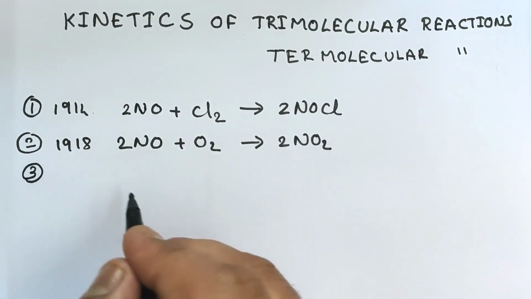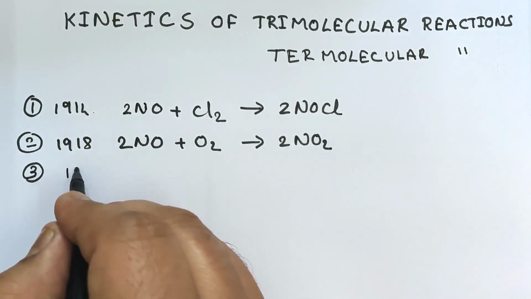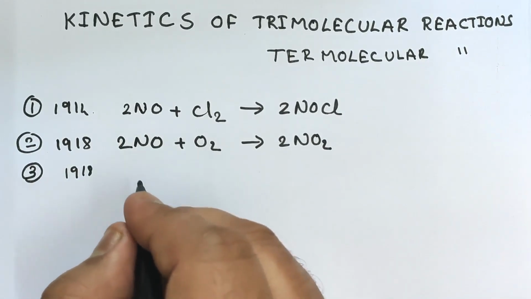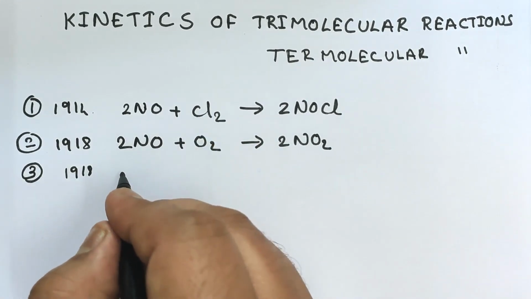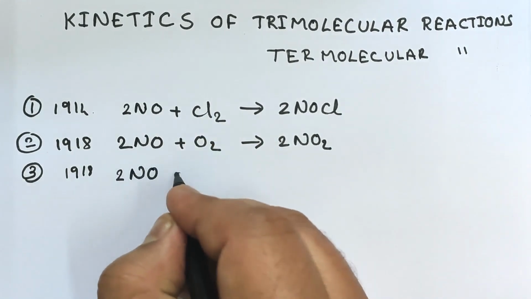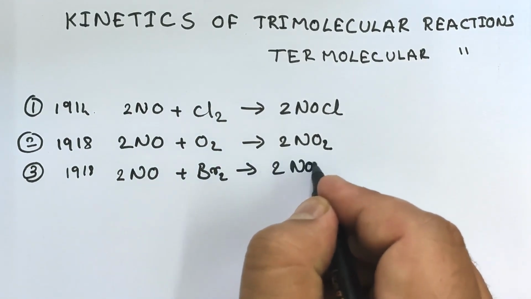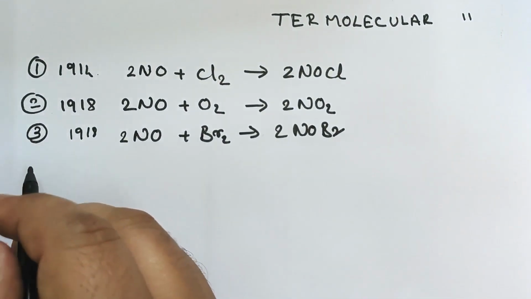The third reaction was given by Trautz and V.P. Dalal, again in the year 1918, and they reported a similar type of reaction wherein chlorine was replaced by bromine, and we had 2NO plus Br2, which gave 2NOBr. So this was the third reaction that was reported.